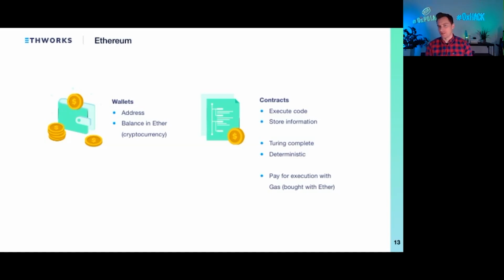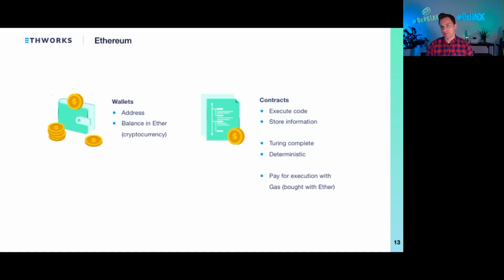There is a private key, and the person who owns a private key can move the money around, can decide what to do with the balance. And the balance is, let's say, in Ether in case of Ethereum, and it's a cryptocurrency. But there is this new animal now called contracts or smart contracts. And those are programs, and they live on the blockchain, and they can execute the code.